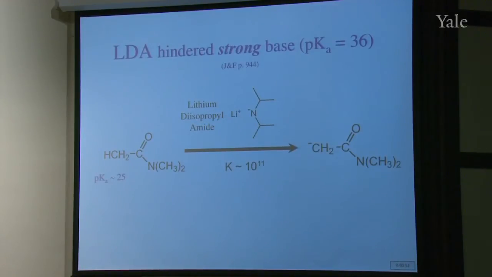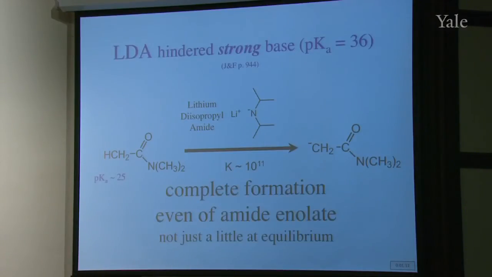So you can make 100% essentially, not just 1 part in 10 to the 11th, if you use this very strong base. So sometimes even these alpha anions that are difficult to make, if you use a really strong base, you can get them all made.